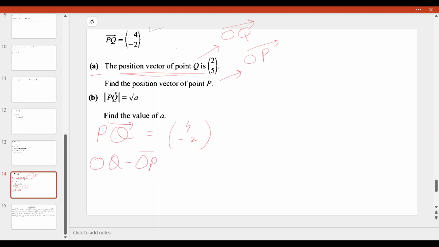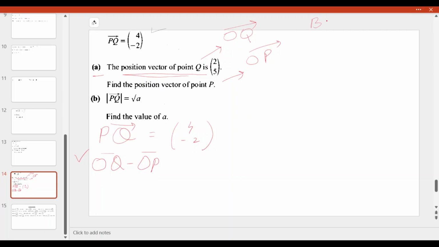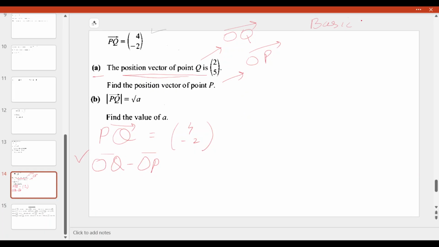If you are feeling confusion at this step, why we write PQ in the form OQ minus OP, you can watch my video on this, and the title of that video is Basics of Vectors.